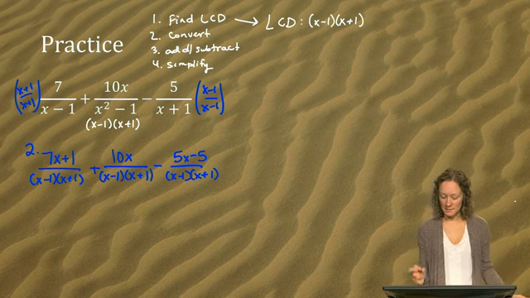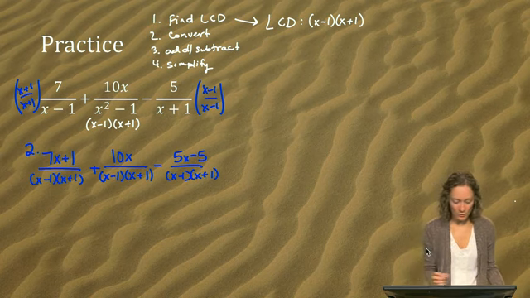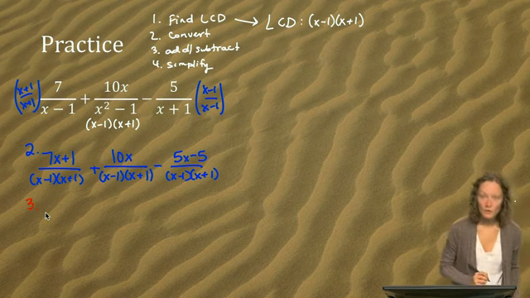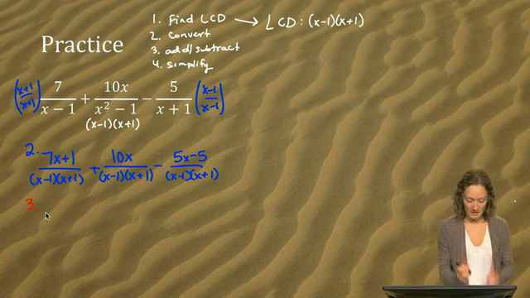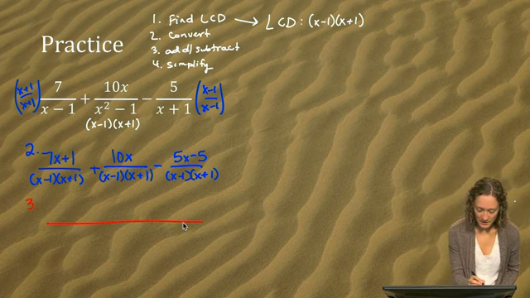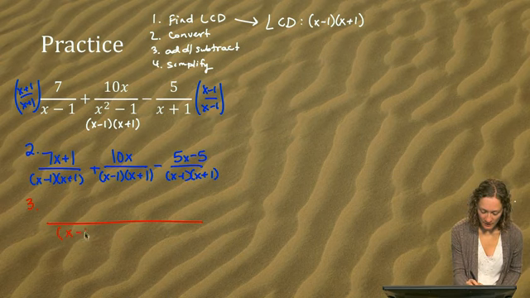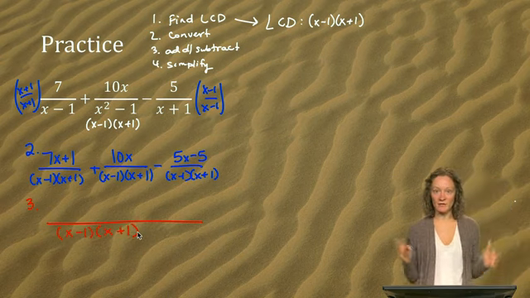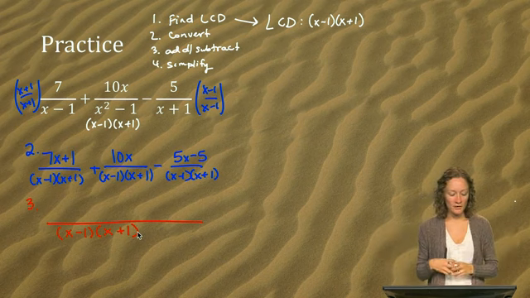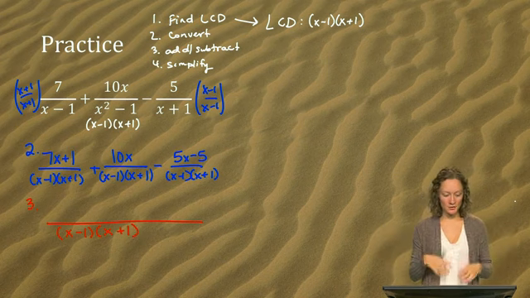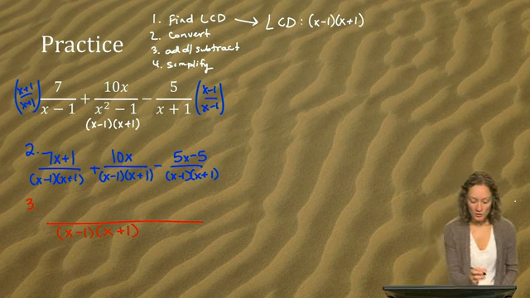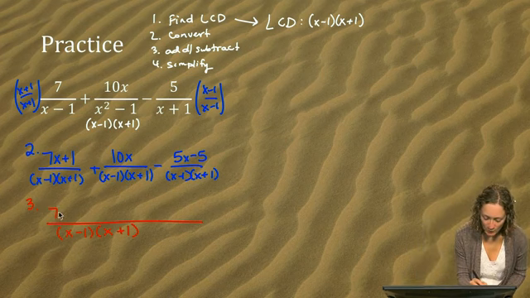Okay, the third step is to then actually add or subtract, in this case, all three pieces together. They all have the same denominator, x minus 1, x plus 1. They're all cut into the same size pieces, so they can get pulled together. And then our numerators, let's just do one line where we bring them all together.